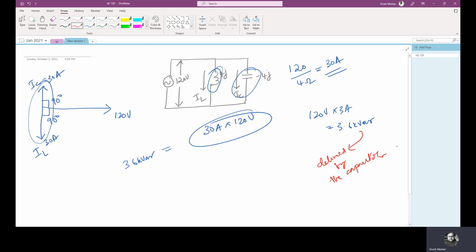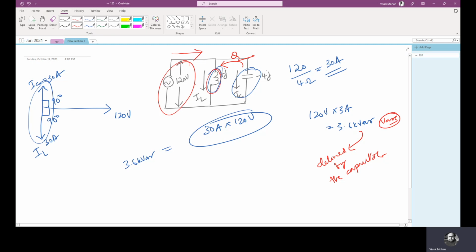Now the reactive power delivered by the capacitor is expressed in watts itself, right? Then the reactive power Q now flows from where to where? It flows from the capacitor to the reactor. So the flow is like this. That's why when we take the generator as such, we conclude that the generator is not supplying any reactive power.